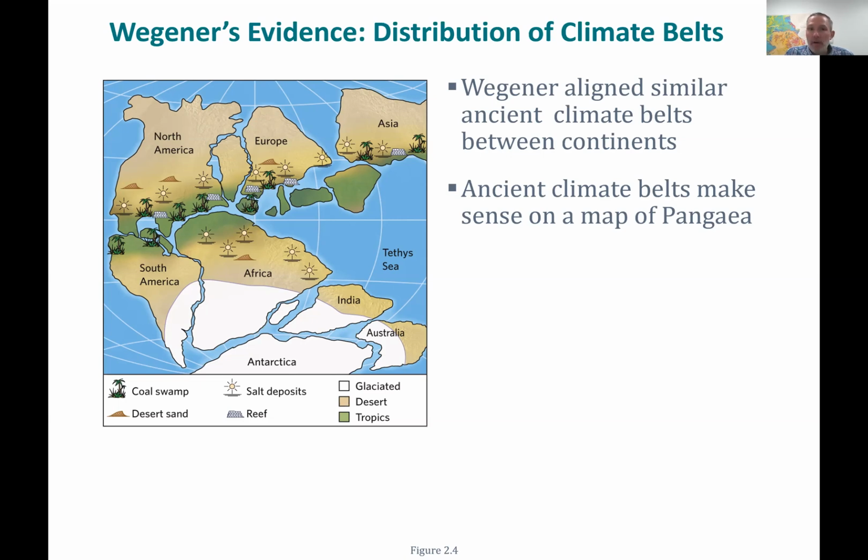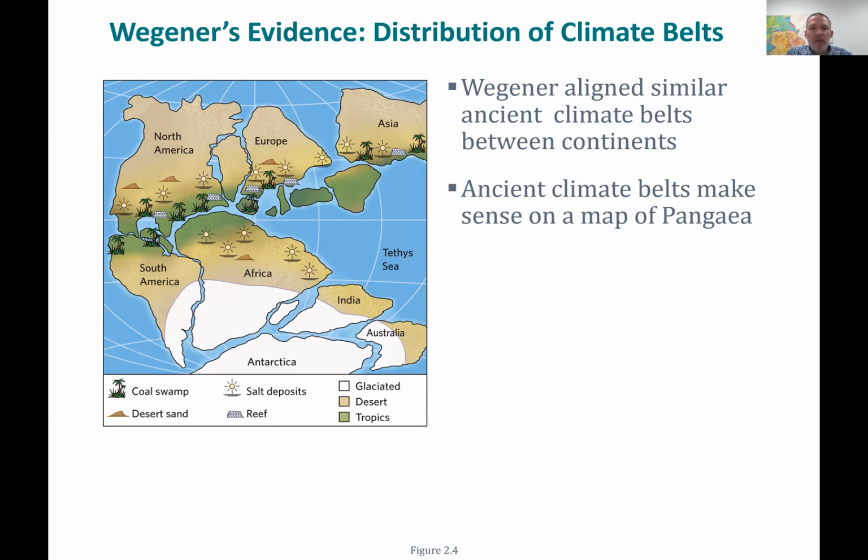I mentioned those arid environments, and we can see salt deposits associated with these hot, dry environments with not much rain. We also have reefs associated with some of those more tropical environments. And so we can see that these continents fit very well together.